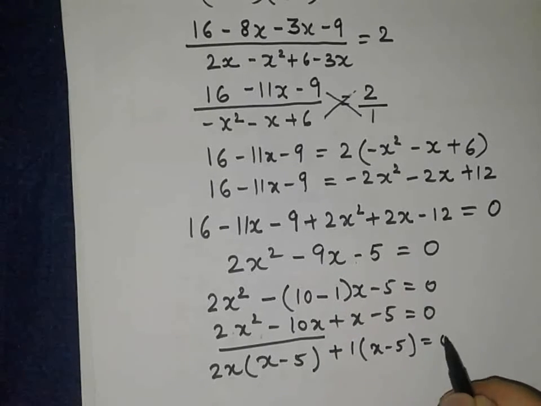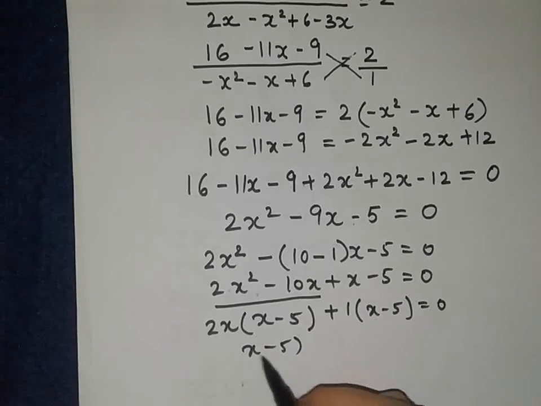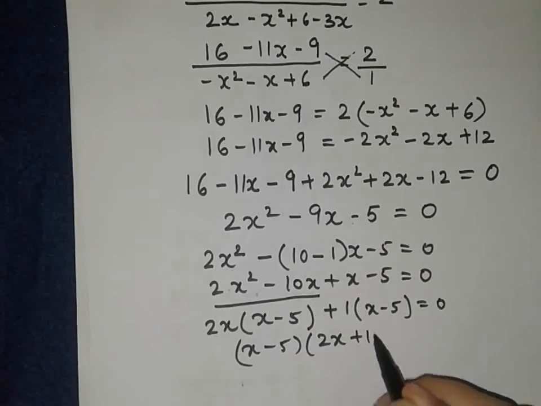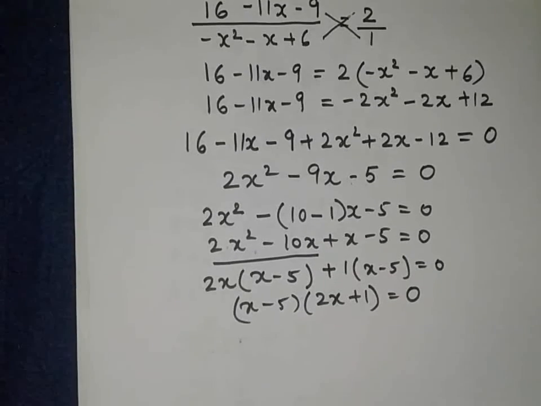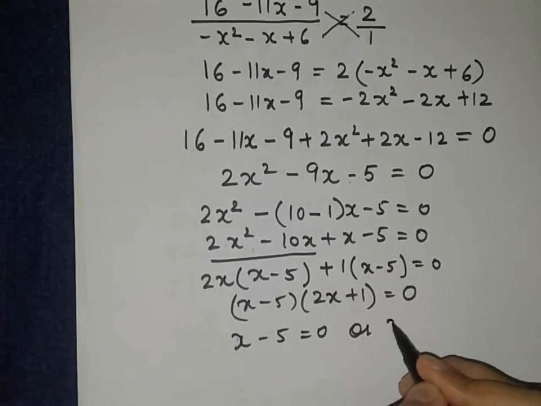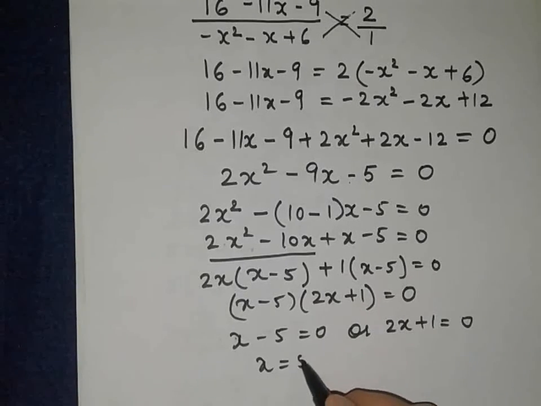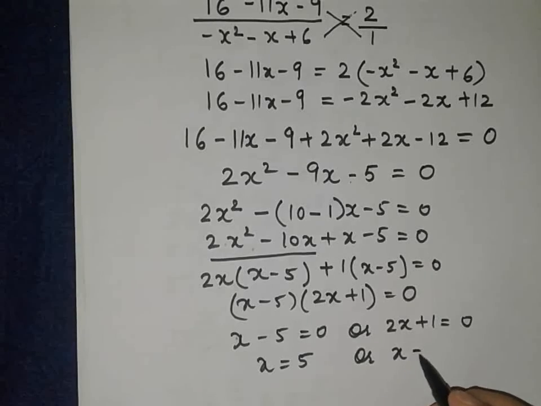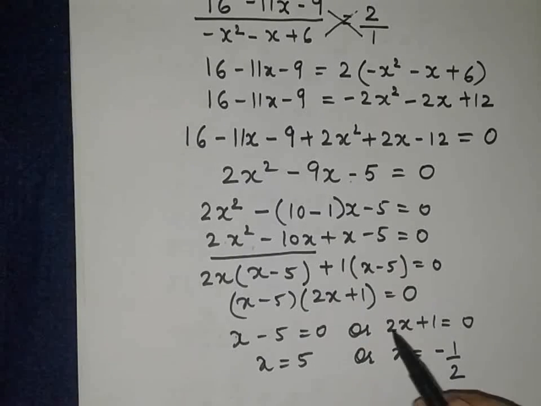It is the same method you have been using for all the questions. x minus 5 is a common bracket and 2x plus 1 is the other. Either one of the brackets should be 0, then only the product can be 0. So, x minus 5 is equal to 0 or 2x plus 1 is equal to 0. From here, x is equal to 5 or x is equal to minus 1 upon 2.